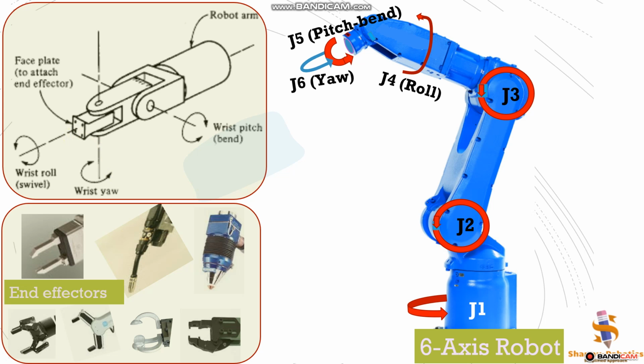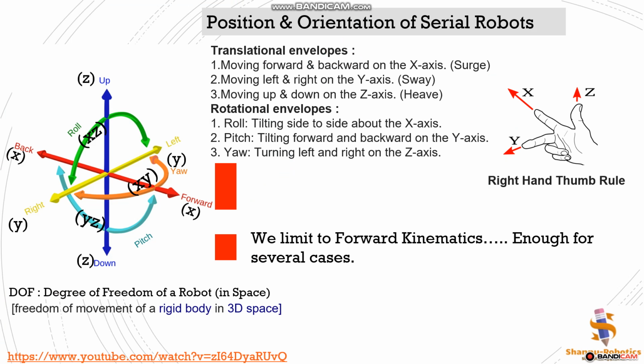All these J1 to J6 are usually provided in the brochure of the robot. If you go to any shop and pick up a brochure, you will find information about the degree to which J1 can rotate or J2 can rotate. Based on your requirement, you can buy a robot.